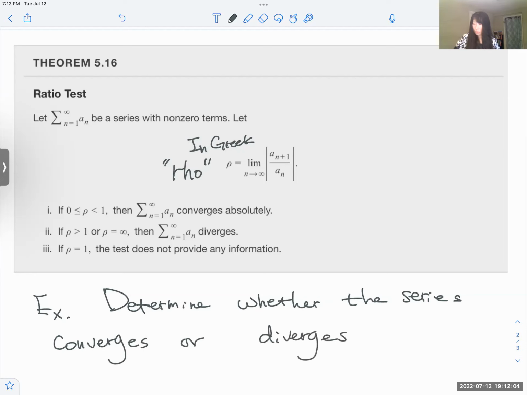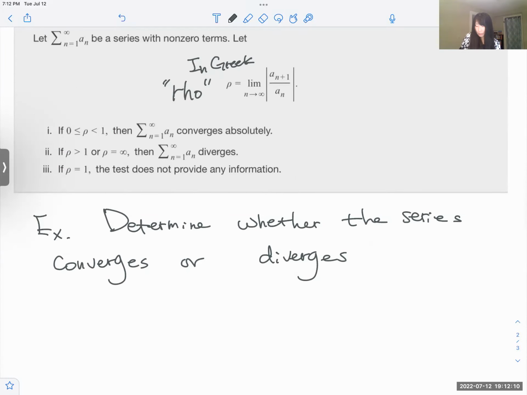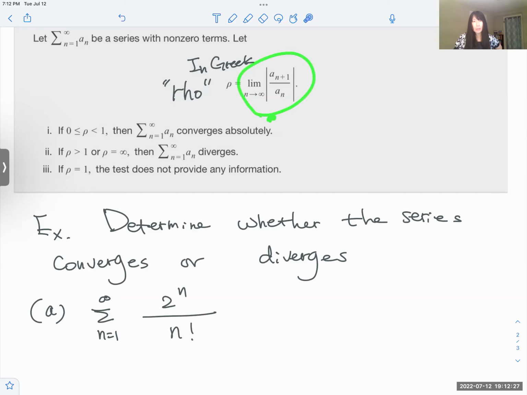So determine by that rule. Okay. All right. So we have the series, n equal to 1 to positive infinity, 2 to the n power over n factorial. Okay. So we're gonna make this a form, all right?